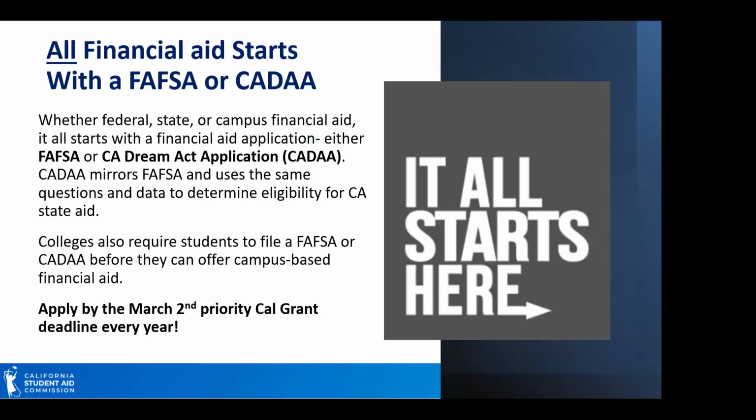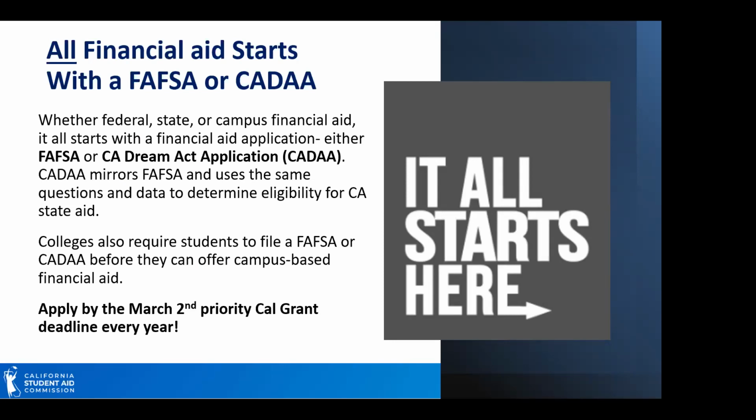So it all starts with filling out a financial application, be it the FAFSA or, like we're talking today, the California DREAM Act application, because all financial aid starts with a financial application, as colleges are required to have students complete this application before any aid, be it federal, if you are a FAFSA filer, and for both FAFSA and DREAM Act filers, state and campus-based aid, can even be discussed.